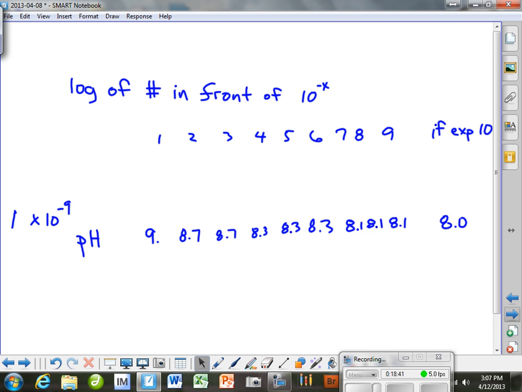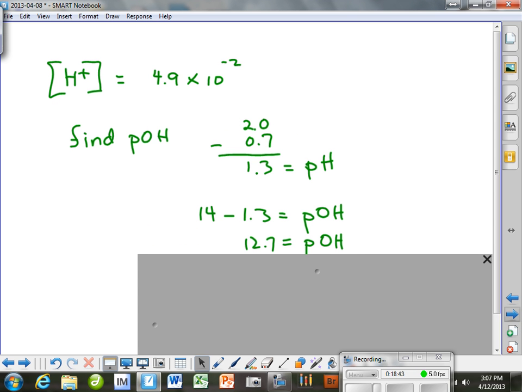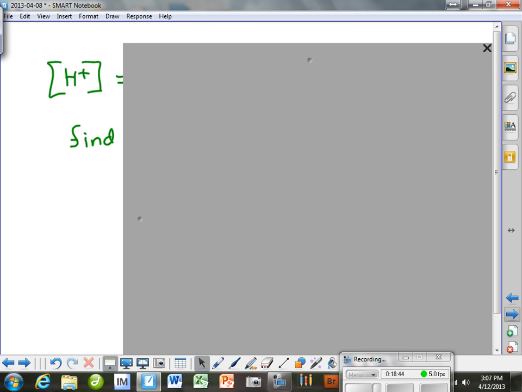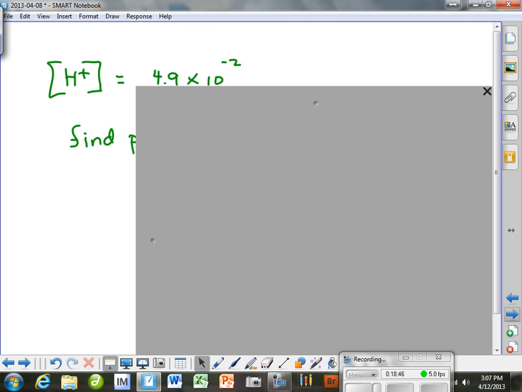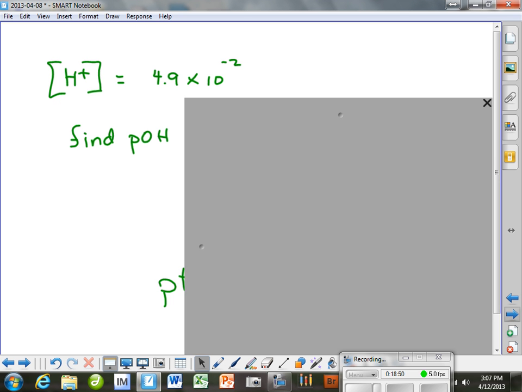Okay, here's that little thing again. Let's look at this problem. Here's the hydrogen ion concentration. Find the POH. Same kind of deal, isn't it? Only let's change it this time. Let's call this one the hydroxide. Did I give you hydroxide last time? Yeah. Okay, good, so this is different. All right, so we've got 4.9 times 10 to the minus 2.